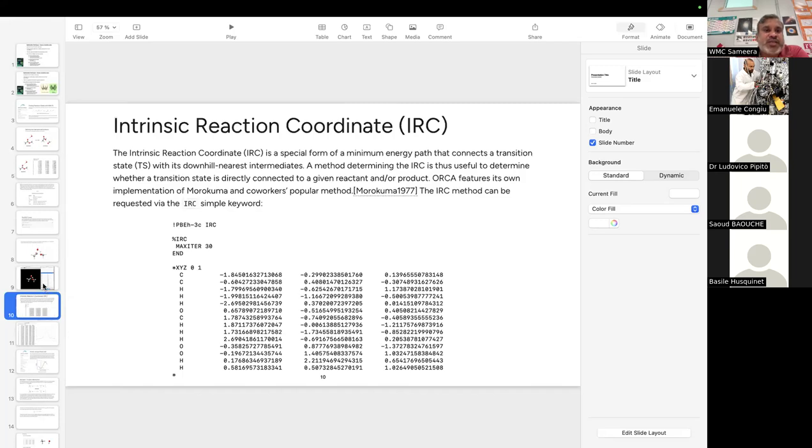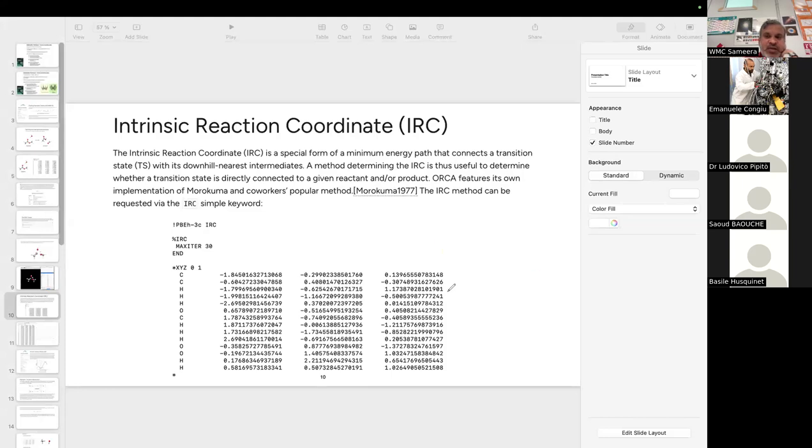Okay, so what is the next? The next step is to perform an IRC calculation, which is intrinsic reaction coordinate computation. This is very standard, and after getting the transition state, you can use that transition state to perform the IRC calculation. So in IRC, what's happening is basically you have a transition state like this.